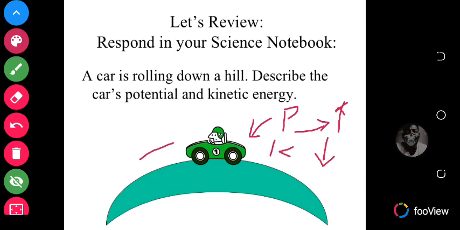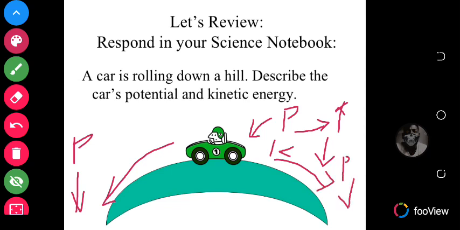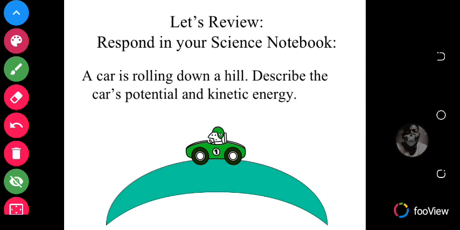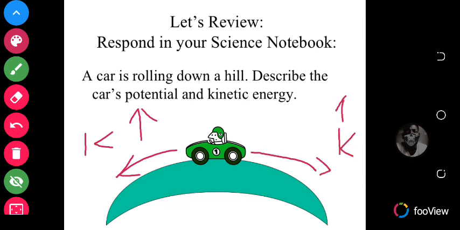But when the car is moving this way, the potential energy will reduce. When the car is going this way too, the potential energy will reduce. But because at this stage the car will be moving, the kinetic energy will increase. And if it's moving this way, the kinetic energy will increase.